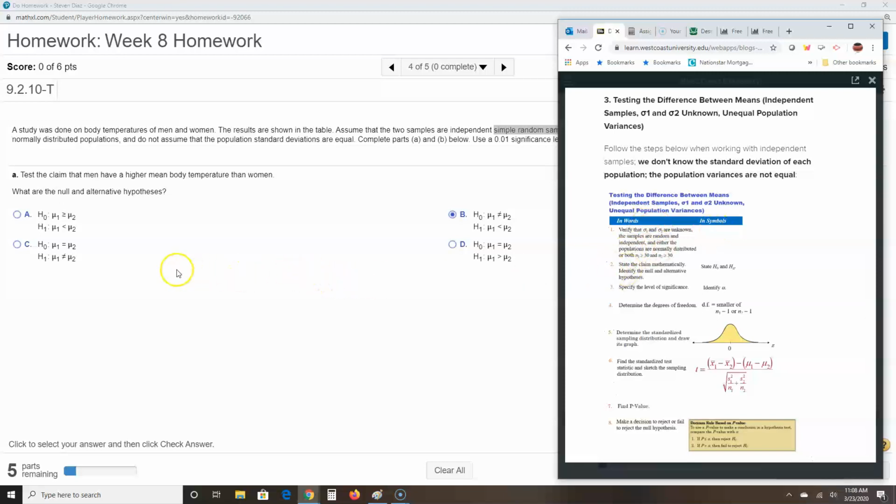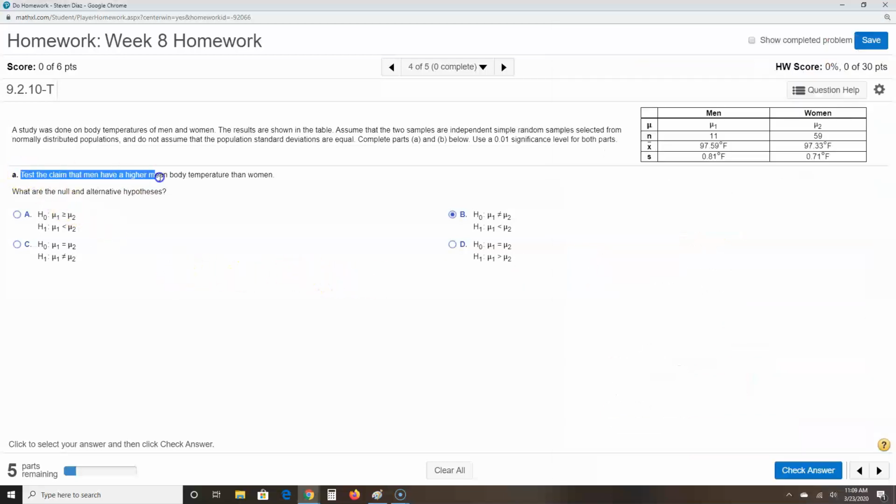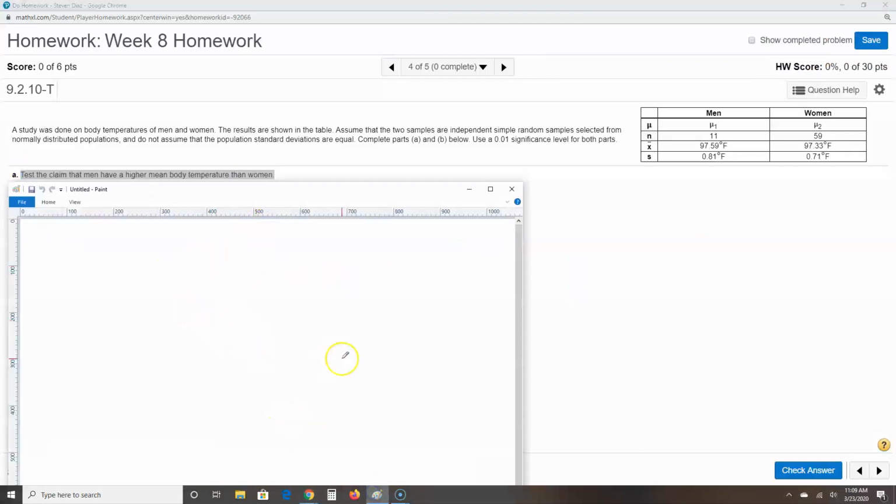Let's translate the claim from words into math. So here's the claim, and I'm going to write it mathematically. Mathematically it says the men have a higher mean body temperature. So mu1 is going to be the mean body temperature for the men. Higher means greater than the mean body temperature of the women.